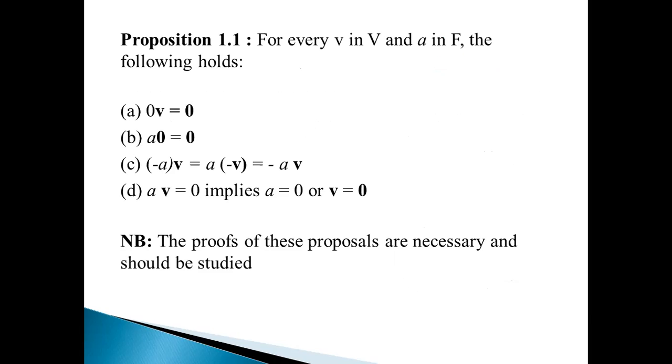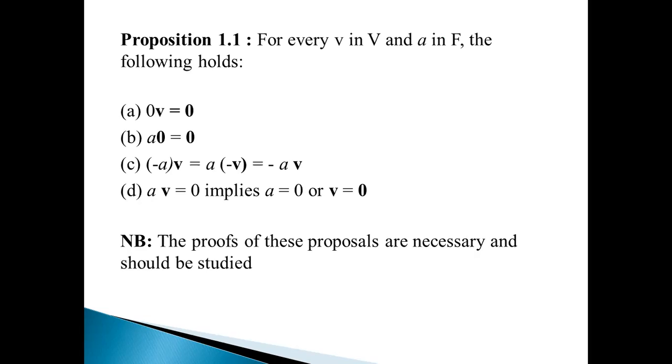We now have this proposition, which is fairly basic. If you have a vector space V, then for every vector v in V and a scalar a from F, the following four things hold. 0 times the vector v gives you the 0 vector.